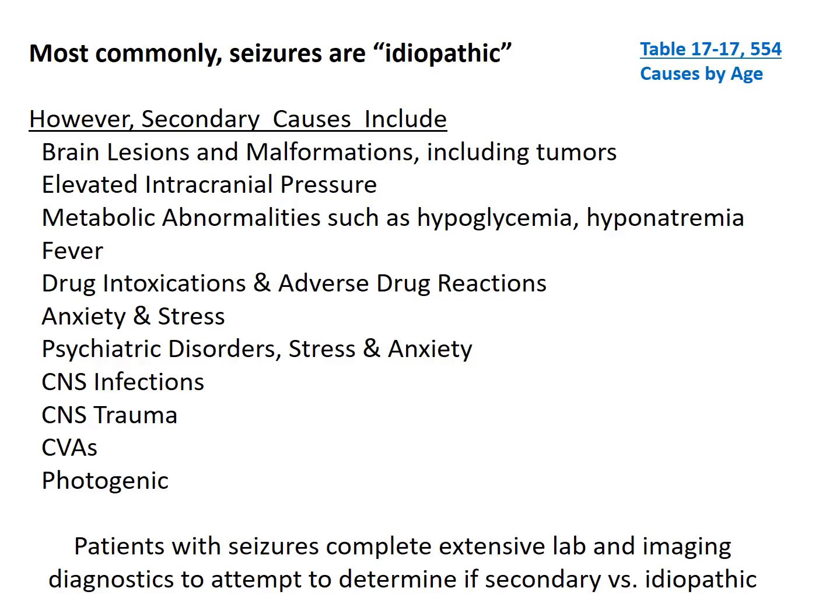Do we have a reason for the seizure to be occurring? Let's identify it, try to reverse it if we can. You know, critical is a person hypoglycemic or hyponatremic, under the influence of a drug, brain trauma, right? Something that we could do something about. But many seizures are idiopathic. You just never find an underlying cause.